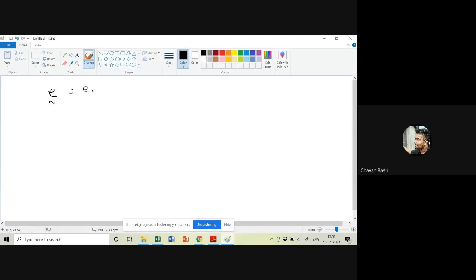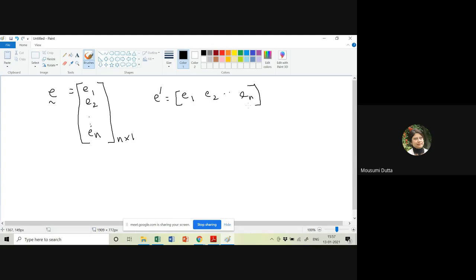So it will be like this, okay? So if I consider E prime, this will be a row vector.